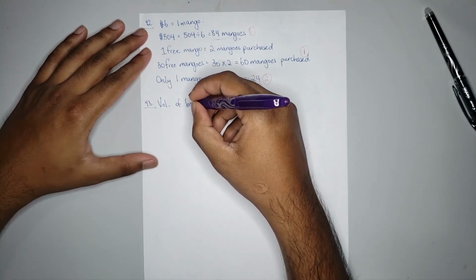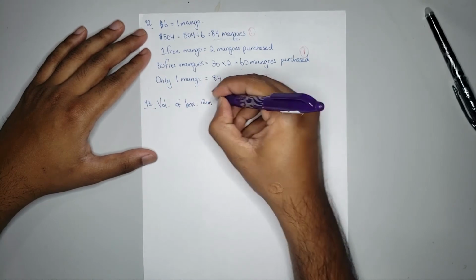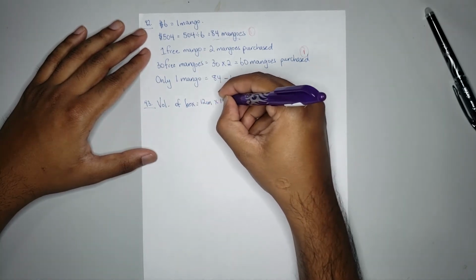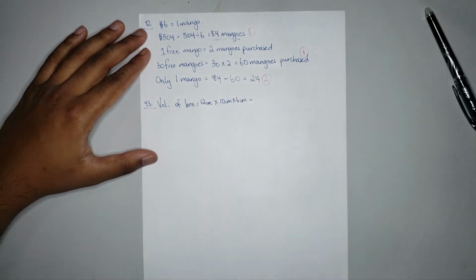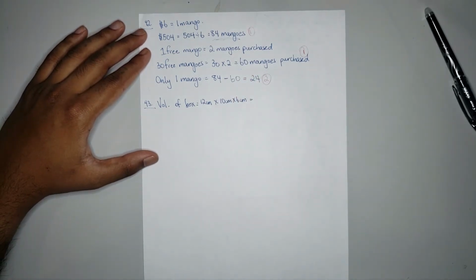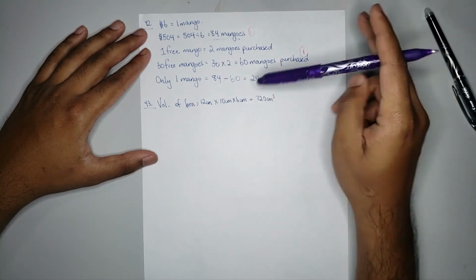That will be length by width by height, which is 12 cm by 10 cm by 6 cm. So the volume is equal to 720 centimeters cubed. Volume is in cubic centimeters.